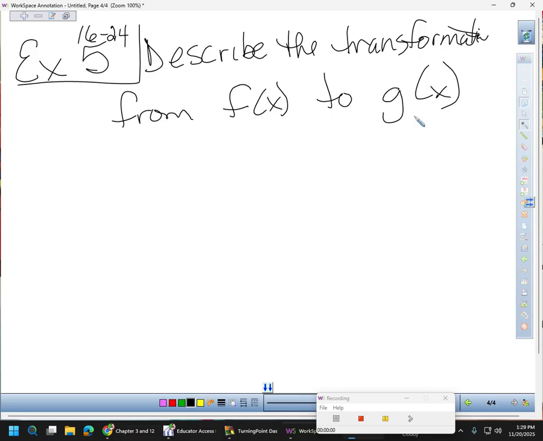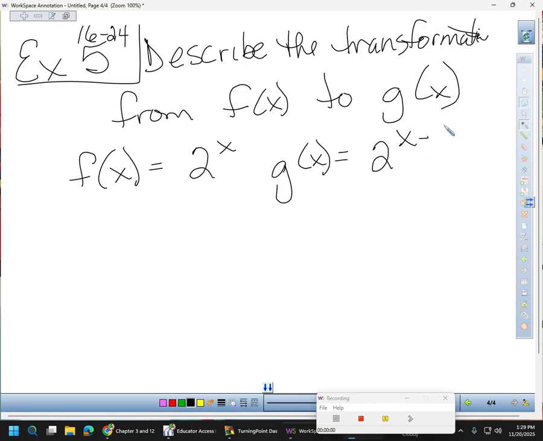Maybe you are given something simple like f of x equals 2 to the x, and g of x equals 2 to the x minus 3, plus 5.